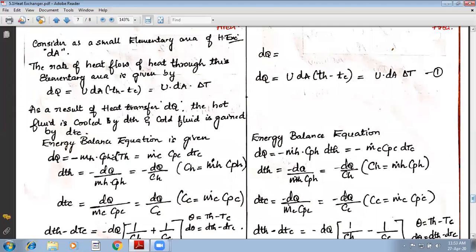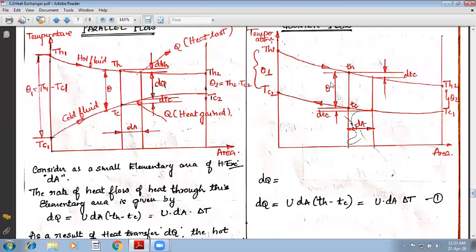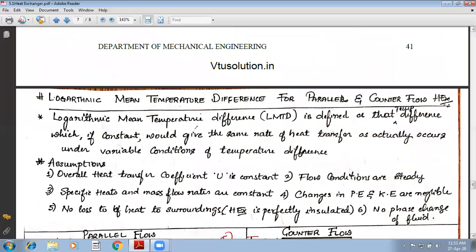If you see the diagram, you will understand that. For the hot fluid, along the length of the heat exchanger, the temperature is dropping, so dT is TH2 minus TH1, which is a negative value. Similarly, along the length, the higher temperature is TC2 and the lower temperature is TC1. Here also, if you go along the length, the temperature is dropping because the fluid is flowing in the opposite direction.